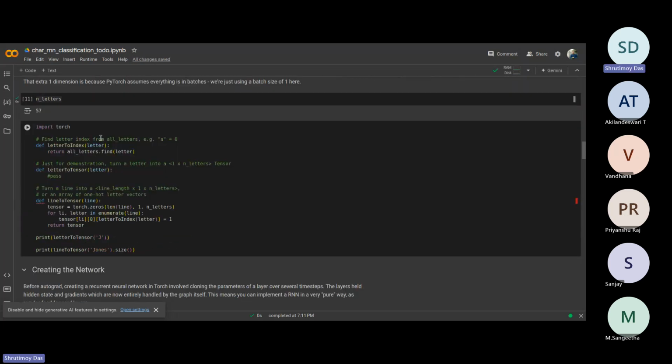Once we have this, because the network will expect that you are passing a matrix or a vector as an input, we will need to convert the encoding to a vector. PyTorch has a way to convert. Let me run this.